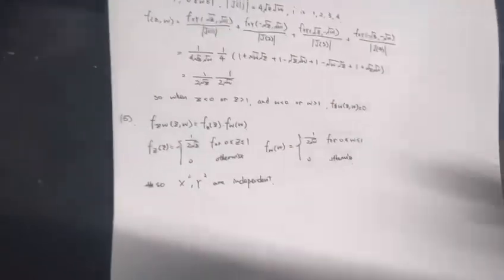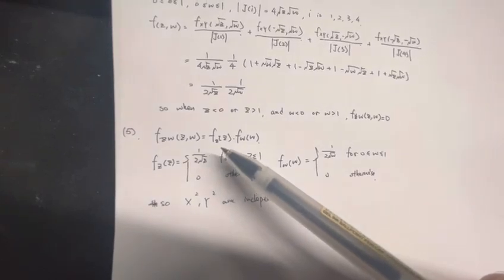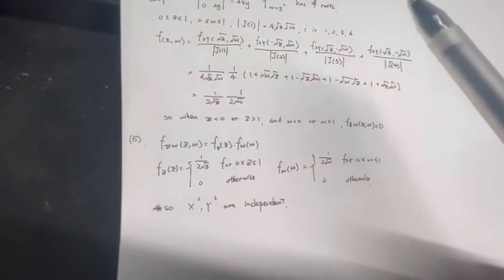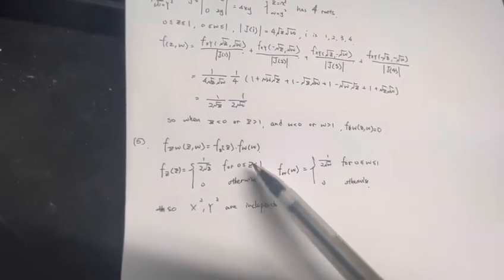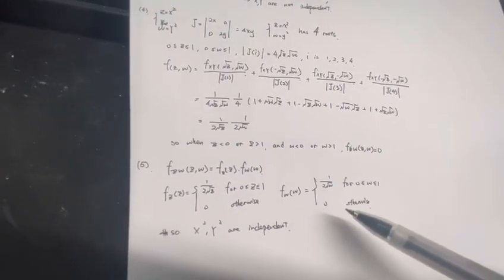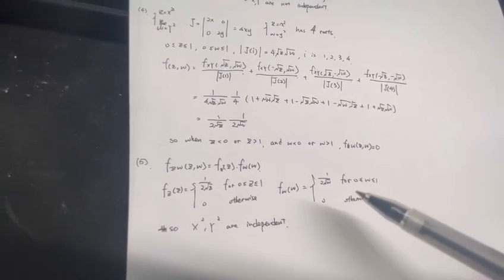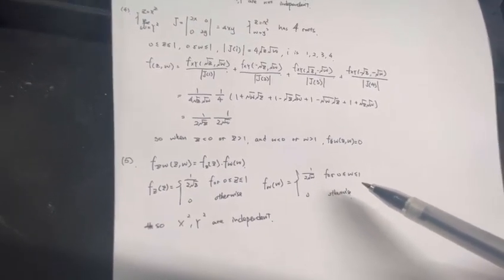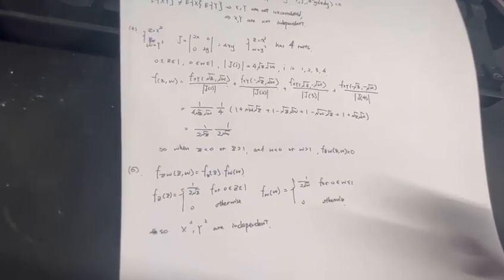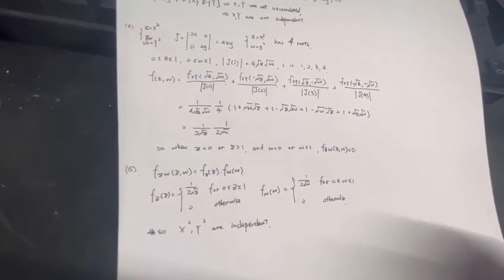Since f_ZW equals f_Z times f_W, we get that f_Z(z) equals 1 divided by 2 times square root of z for z in this range, and f_W(w) equals 1 divided by 2 times square root of w when w is in the range from 0 to 1. From this we can tell that X squared and Y squared are independent. And that's the answer for this question. Thank you for watching.